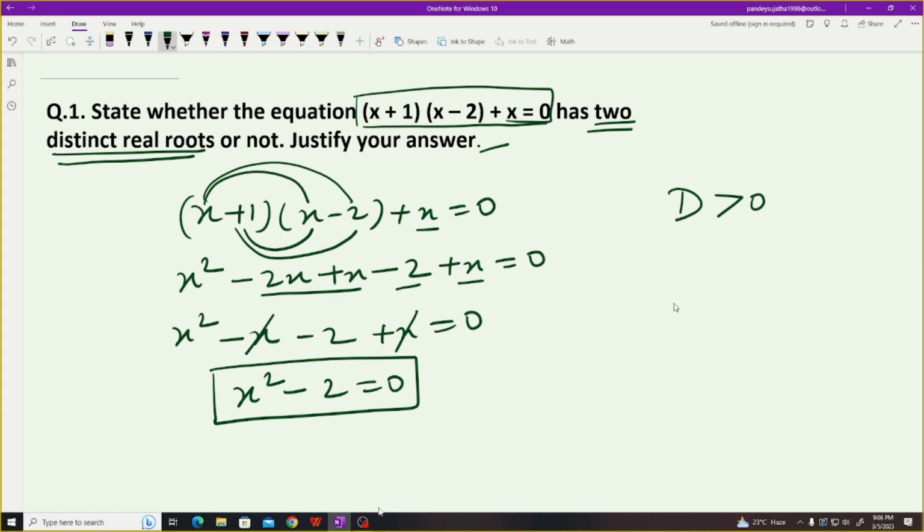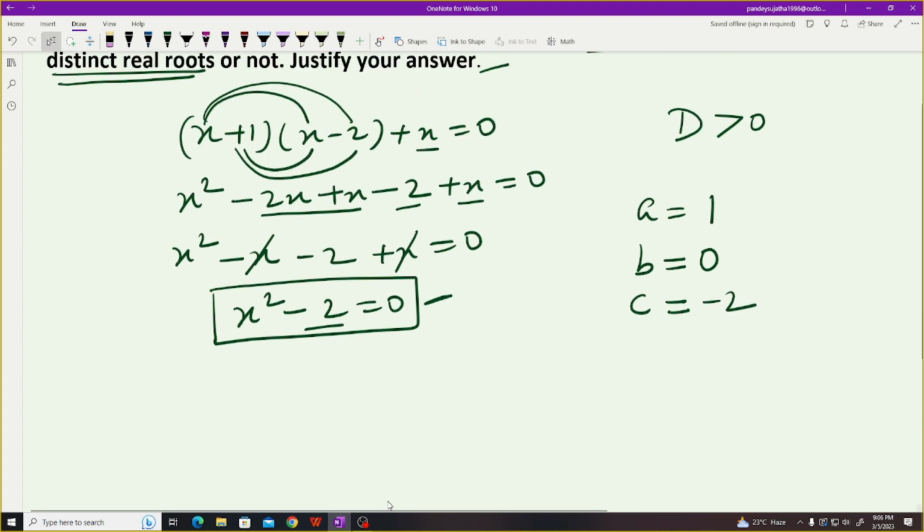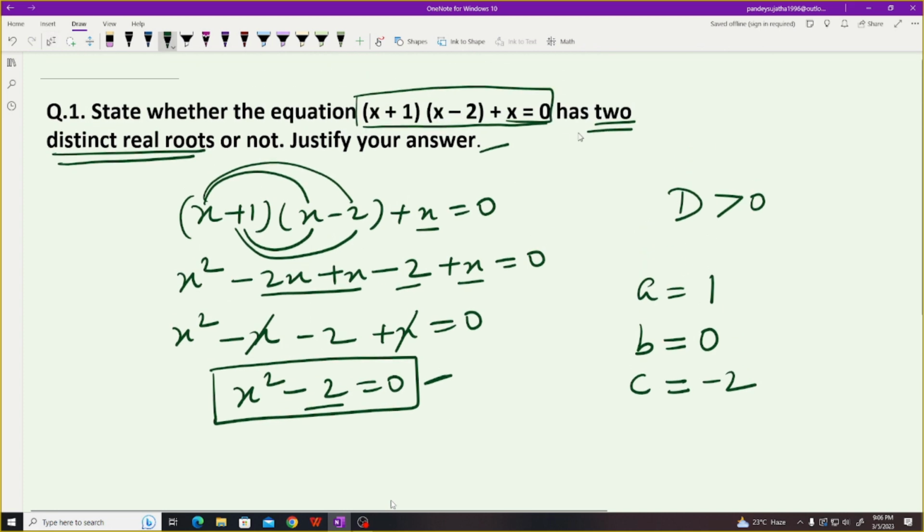Now here a is equal to 1, and you all know that b is the coefficient of x. Here in this equation we are not able to see the variable x, so the coefficient of x is 0, and c is the constant, that is minus 2. Now to find whether the equation has two distinct real roots or not, we need to find the discriminant.